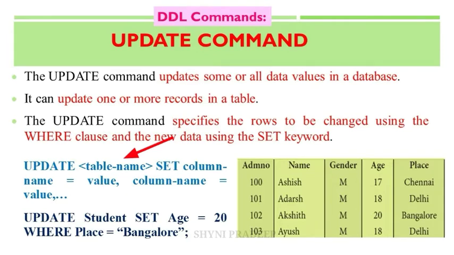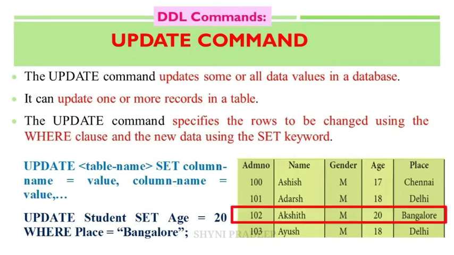If you want to change the age to 20 for the students whose place is Bangalore, you have to write like this. See here, update student, this is the table name, set age is equal to 20, where place is equal to Bangalore. This command will change the age to 20 for those students whose place is Bangalore.